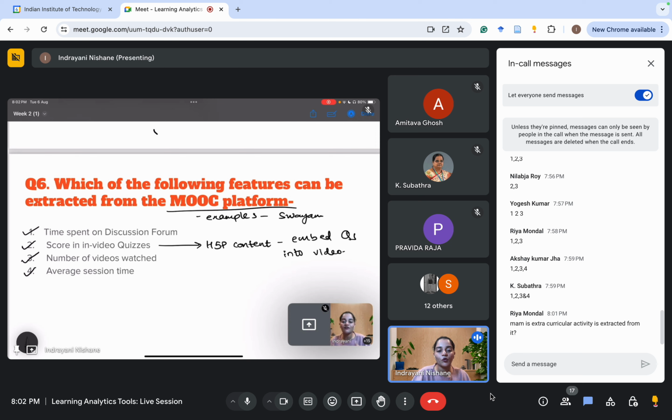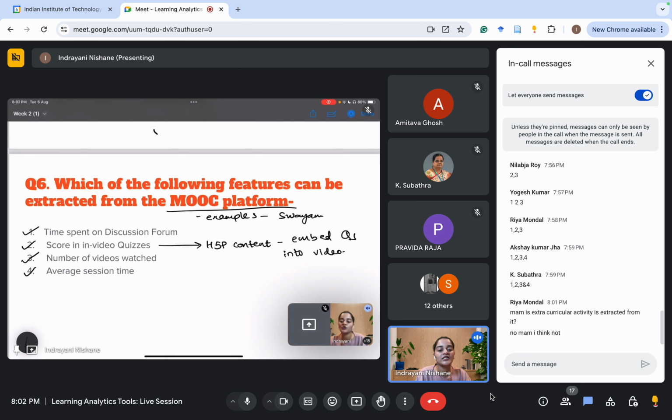So it is self-report data. We call it self-report when students are answering for themselves in a survey. So unless it is asked that way, we will not be able to gain any information about what they are doing outside the Swayam platform or outside the MOOC platform.